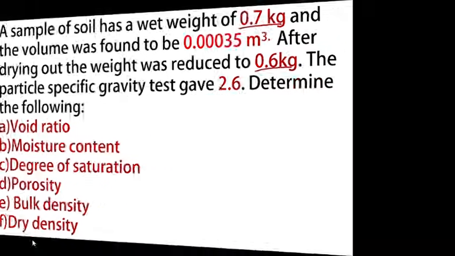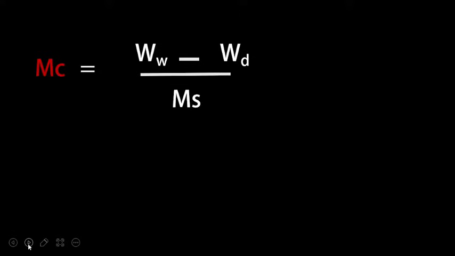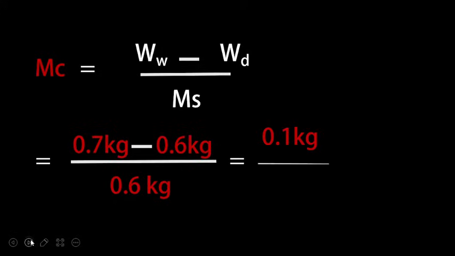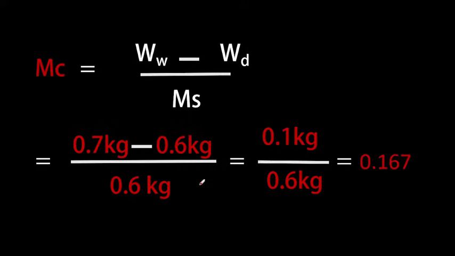So if we plug in the values into the formula, 0.7 kilogram minus 0.6 kilogram over 0.6 kilogram. 0.7 kilogram minus 0.6 kilogram equals 0.1 kilogram, divided by 0.6 kilogram. So the answer is 0.167.